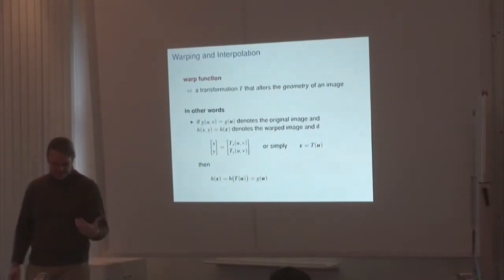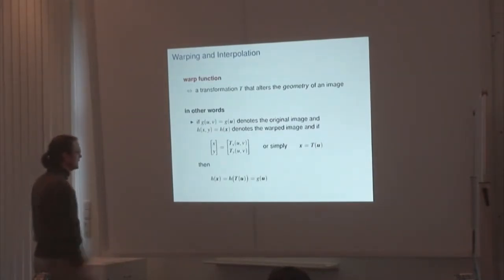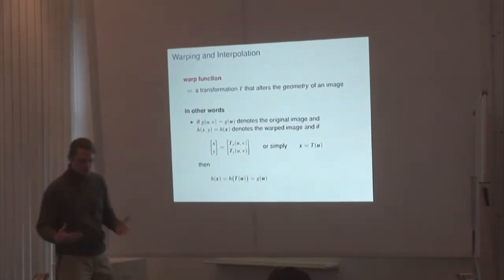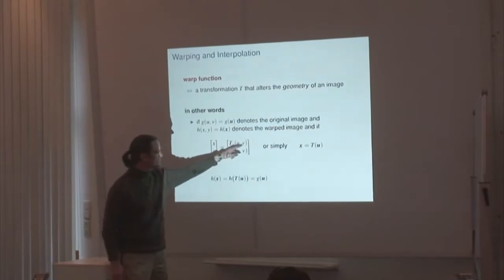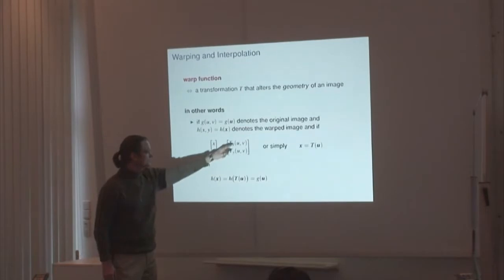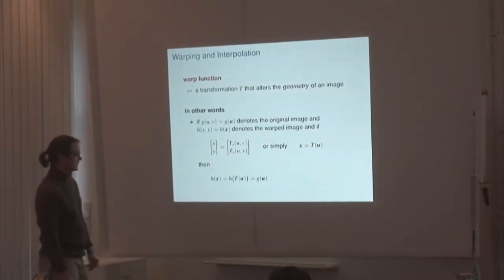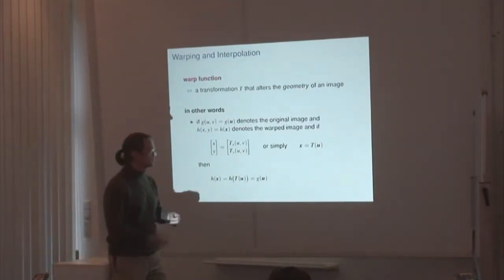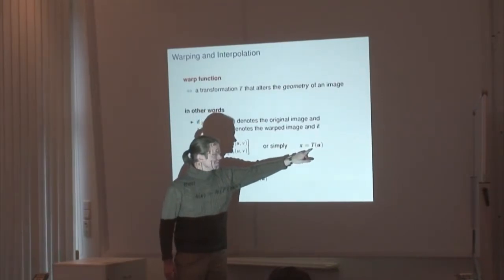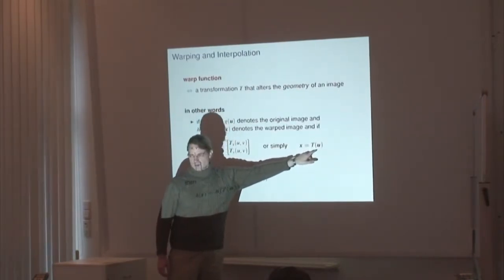Now, if this h denotes the warped image, and if these coordinates x and y are produced given the coordinates u and v, for instance, by applying a certain transformation to u and v to produce the x coordinate, and applying another transformation to u and v to produce the y coordinate. Or, again, in a shorter form, we may write that the coordinate vector x results from applying a certain transformation T to the coordinate vector u.